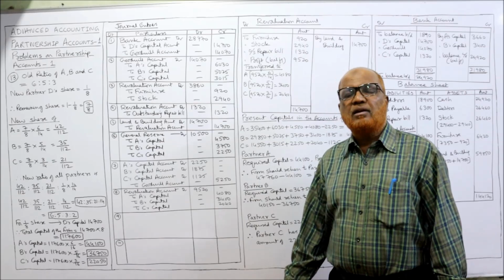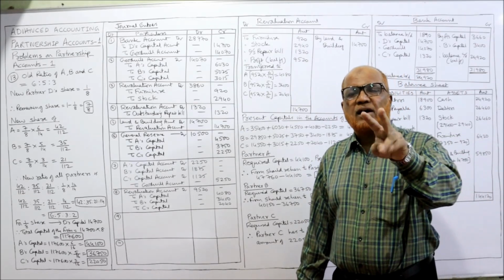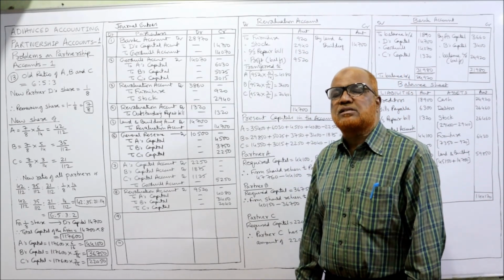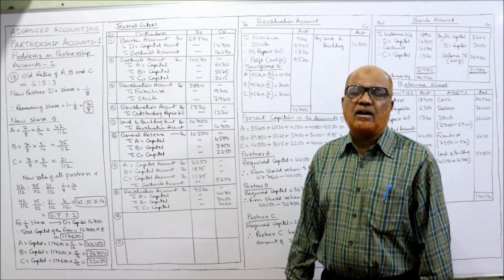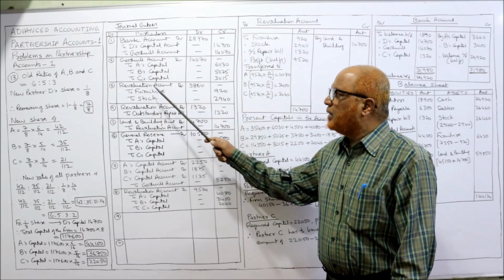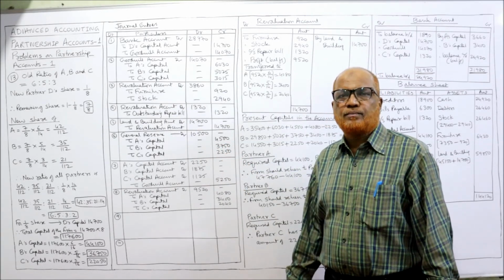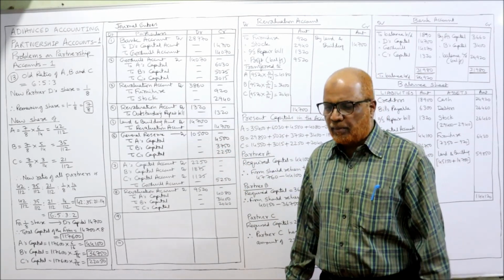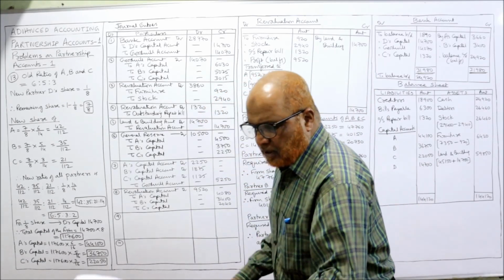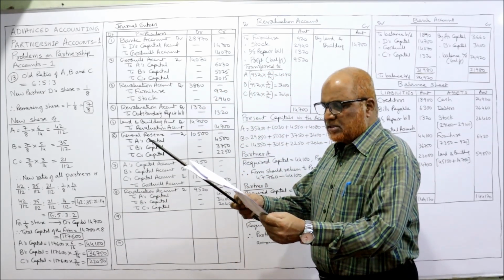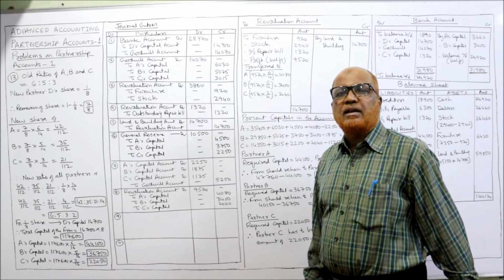Now we will make the revaluation. Two assets have to be depreciated, decreased, that is stock and furniture. So the entry will be revaluation account debit, to furniture account, to stock account. The amount is given in the problem. The furniture is to be depreciated by 920.